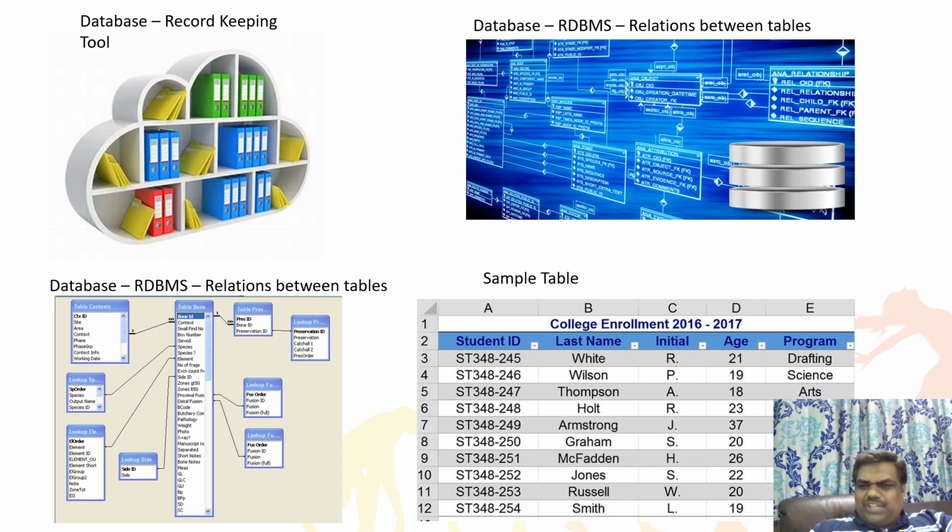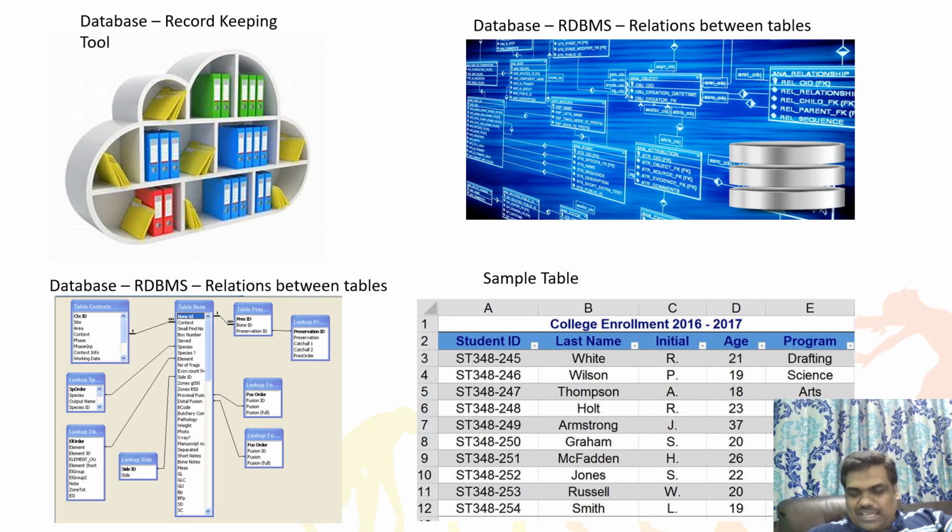So the sample table, if you want to see how a sample table usually looks. This is the picture, like this sample table, right? It has student ID, last name of the student, the initial of the student, age of that particular student, and what program he is studying. So it is all connected. See, there are rows, there are columns.